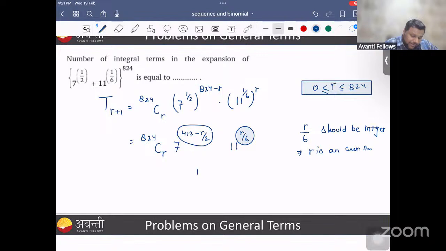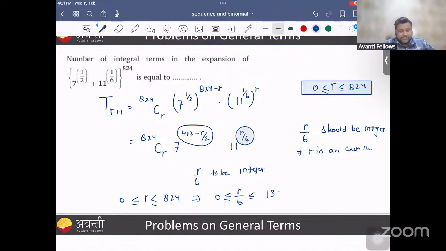You want r by 6 to be an integer. So that means if r lies between 0 to 824, r by 6 will lie from 0 to, 6 times 1 is 6, 6 times 3 is 18, 6 times 7 is 42.